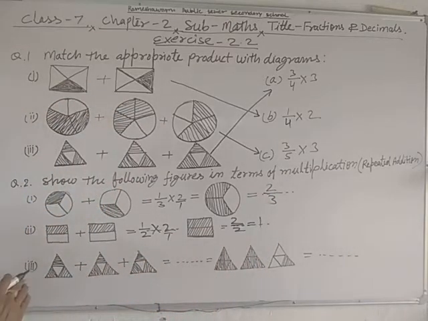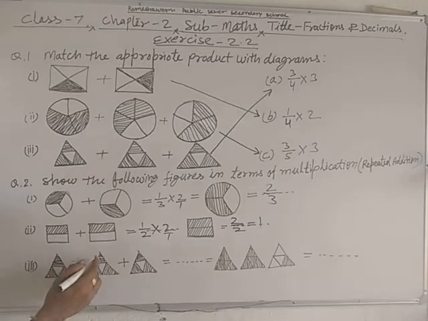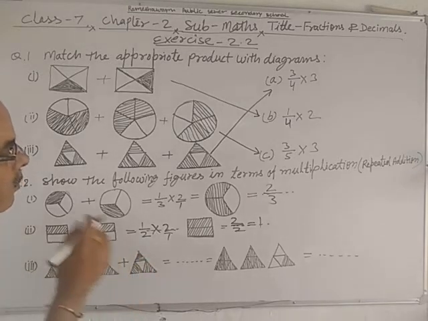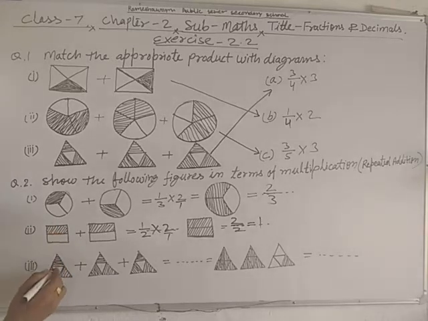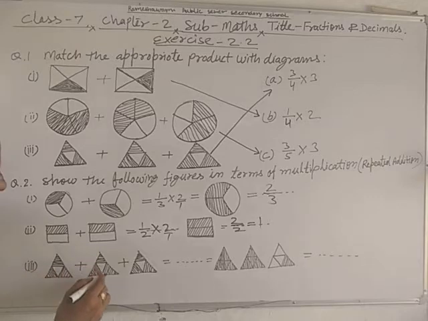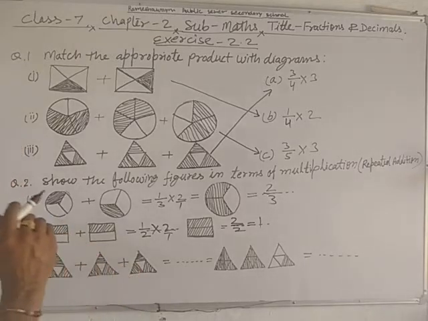Then next, question number 3 of the second: this is 1 by 4, 1 by 4 and 1 by 4. This is shaded 3 by 4. 3 is shaded and the total is 4 parts, so 3 by 4, 3 by 4 and 3 by 4.